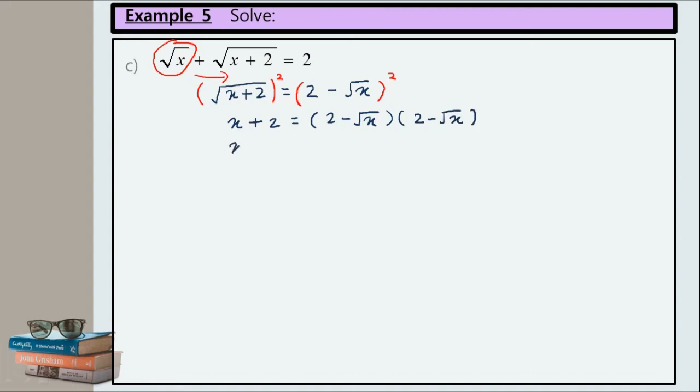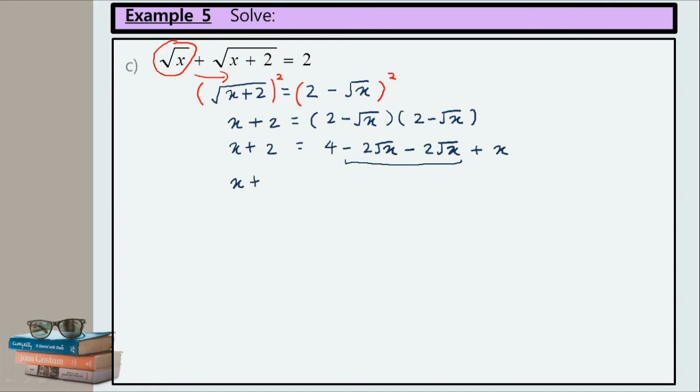And then we expand. 2 times 2, 4. 2 times negative set 2 minus 2 set 2, minus set 2 times 2 minus 2 set 2, set x, and minus set x times minus set x, minus positive. Set x times set x, set yang sama, bila multiply we will get x. Okay, so this one we can simplify.